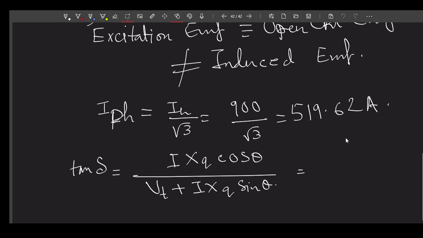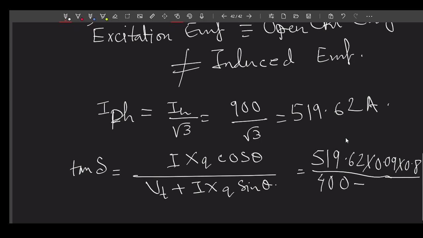So this time, your I Xq. What is I? That is 519.62, into your Xq, which is 0.09, into cos theta, which is 0.8, divided by 400 plus 519.62 into 0.09 into sin theta, which is 0.6.